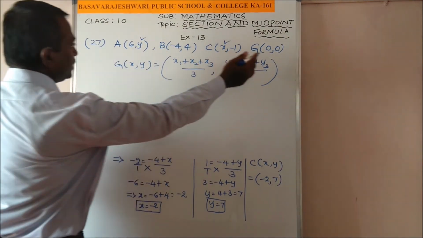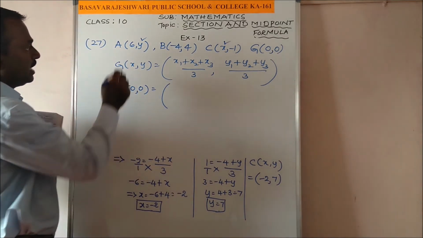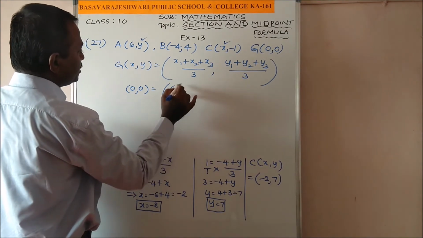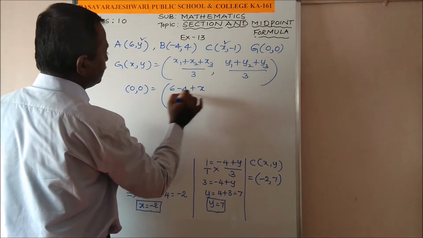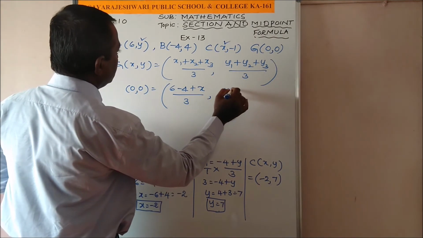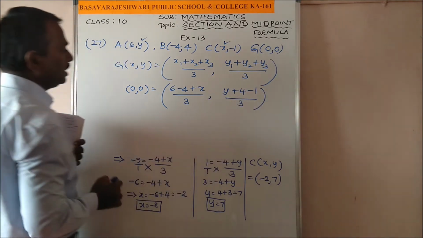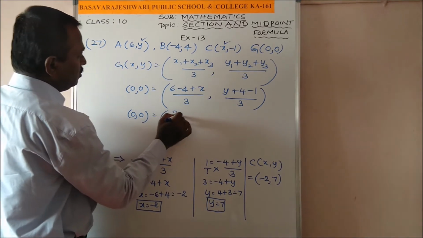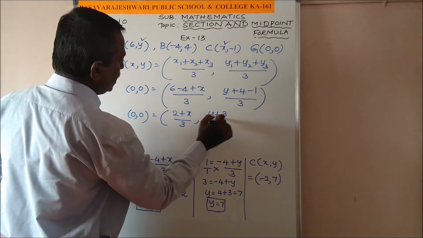We already know the centroid is (0, 0) because it is the origin. x1 is 6, x2 is -4, plus into minus, so 6 - 4 + x, by 3. Then (y + 4 - 1)/3. Now simplify: (0, 0) = ((2 + x)/3, (y + 3)/3).